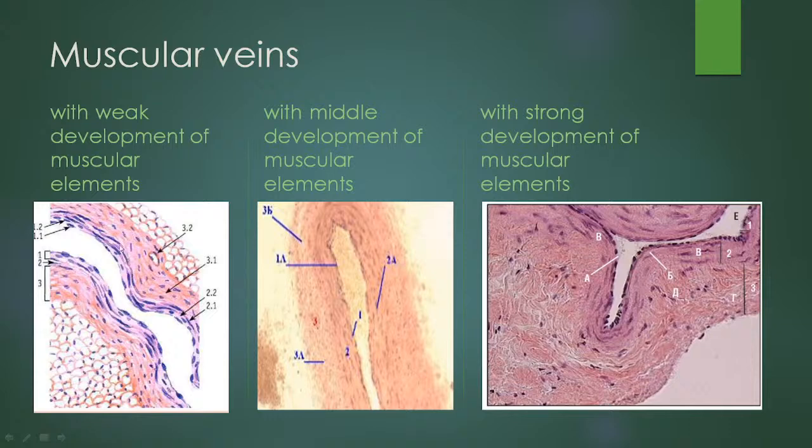External elastic lamina is absent. And Tunica Adventitia consists of loose connective tissue with blood vessels and nerves.